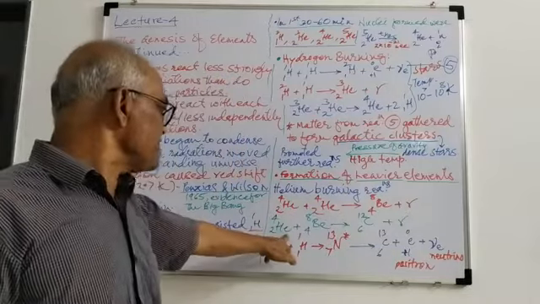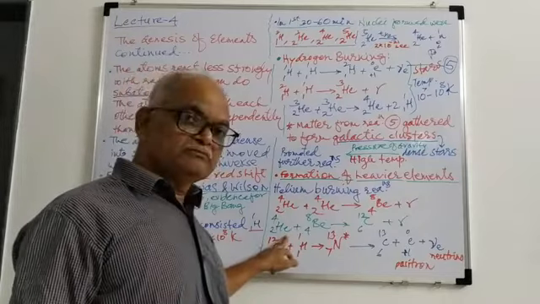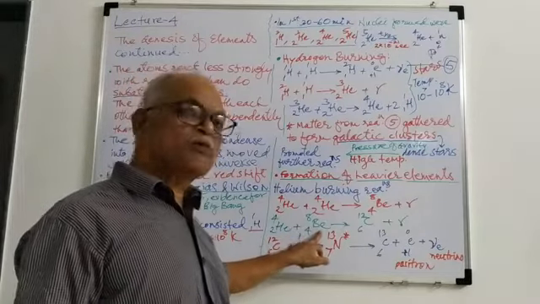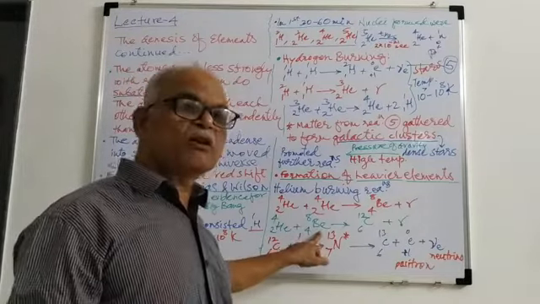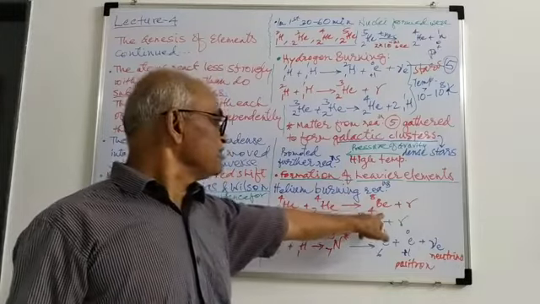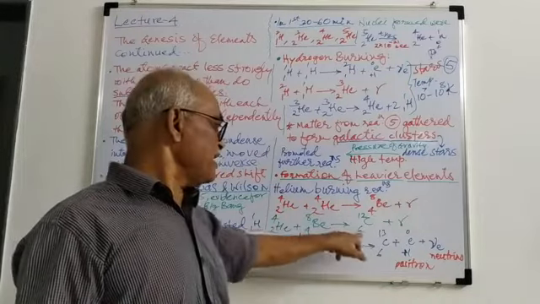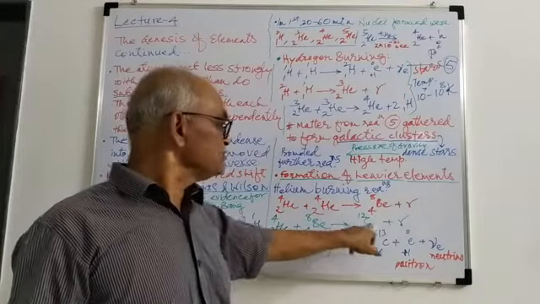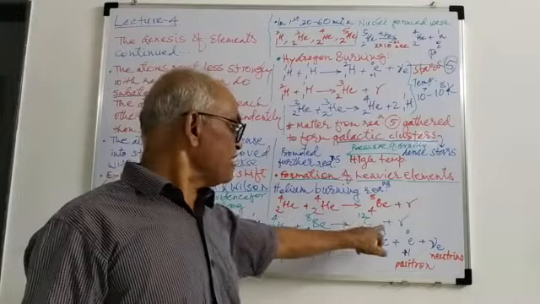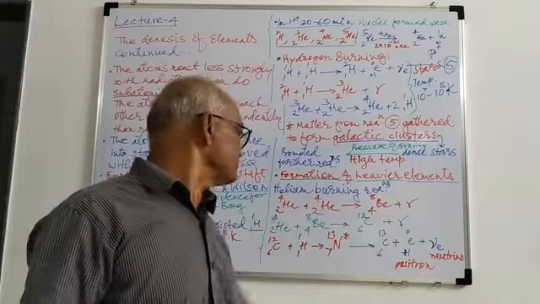Then the next reaction shows that the helium nucleus also undergoes fusion with this beryllium of mass 8 and gives carbon with mass 12 and shows emission of a gamma photon.